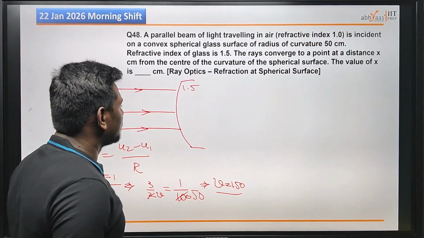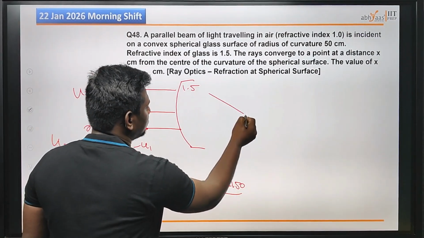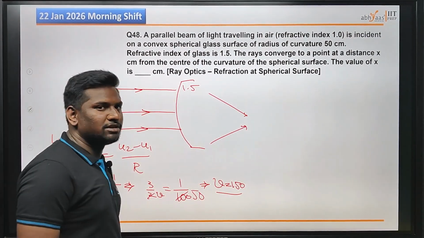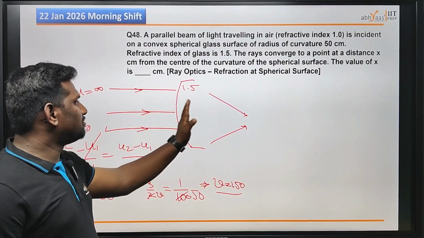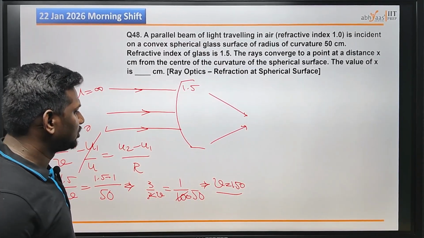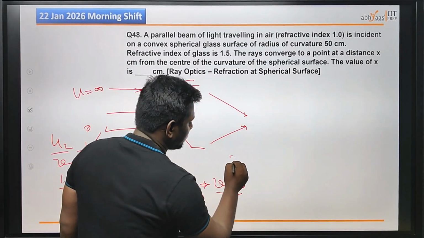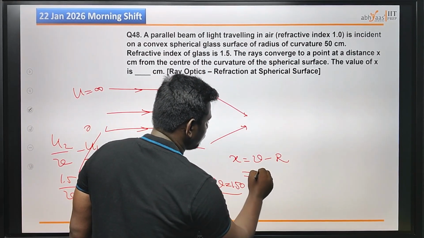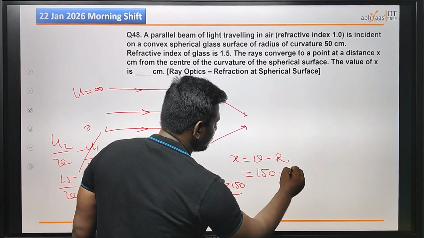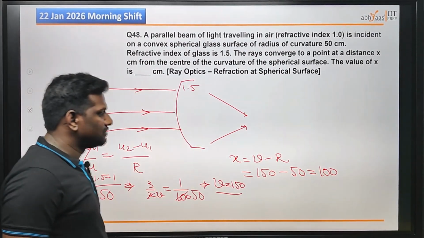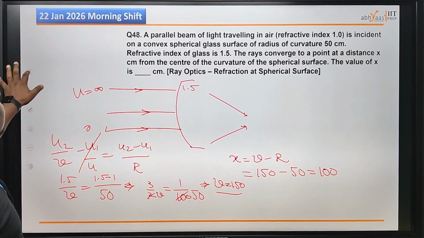They are converging at a point x, measured from the center of curvature. So x can be written as v minus R. What is v? 150 minus R, that is 50, you will get 100. 100 is the right answer.